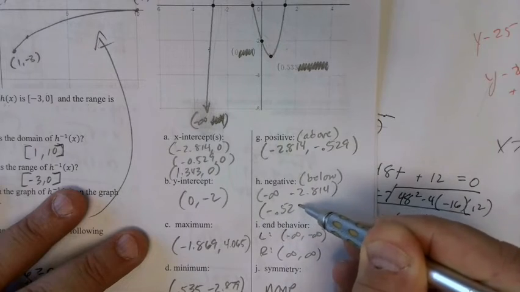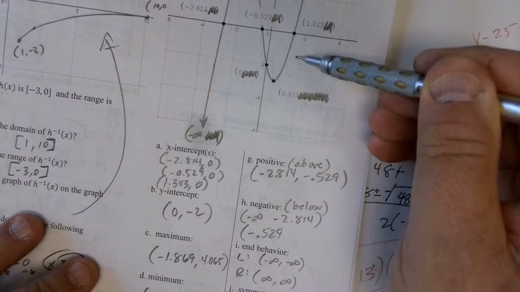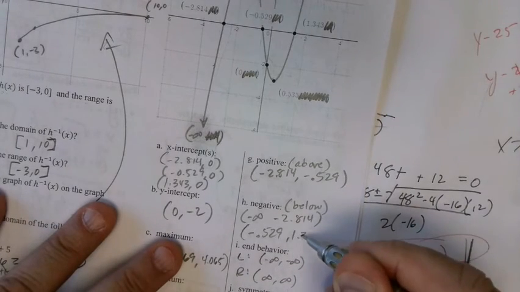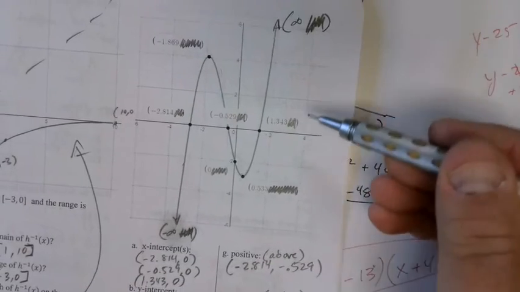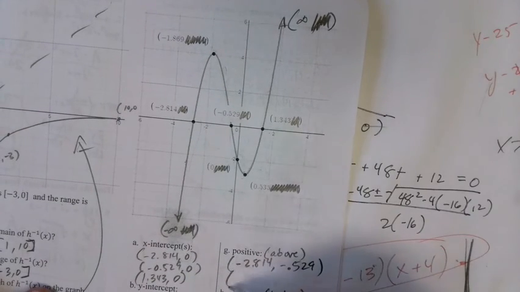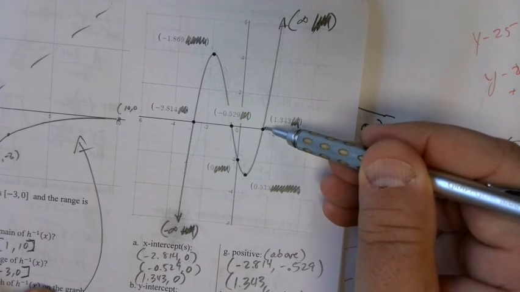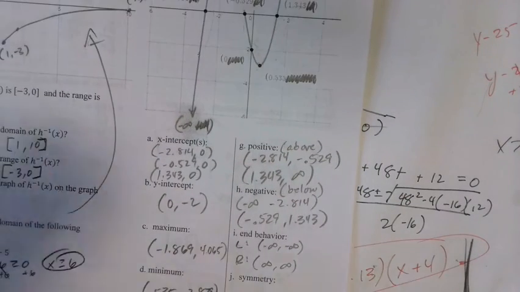So it's below, below, below until right there, which is 1.343. But I'm not done yet, because they still got more. At 1.343, it starts being positive again, and it's positive, or above the x-axis, from there all the way to infinity.